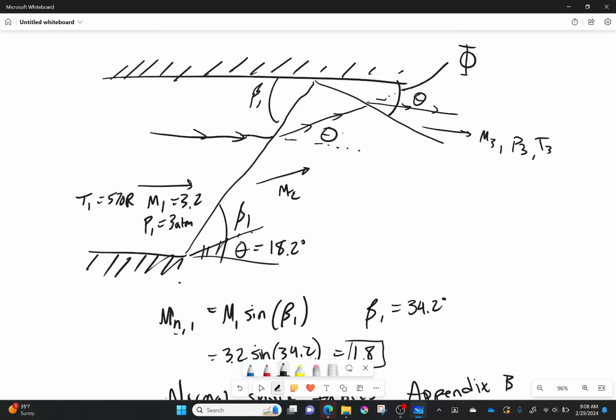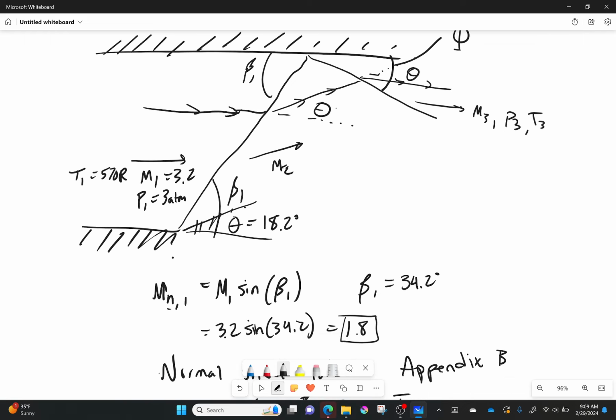So the big thing to remember here is my angle theta. I'm going to go ahead and circle this in a different color, right here. My flow has to turn such that it is going to be parallel to that upper wall. It always has to do that, and so my shock wave has to help it to do that.